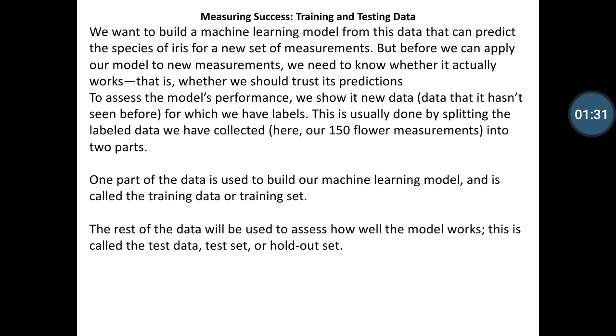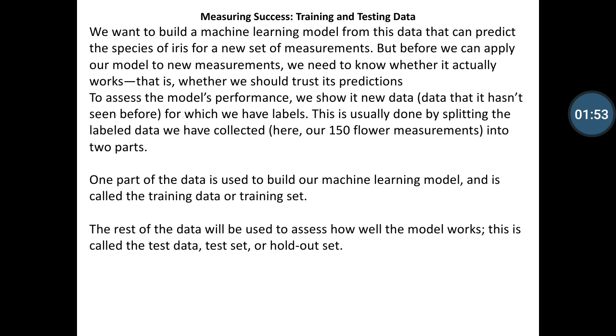This is usually done by splitting the labeled data we have collected, here 150 flower measurements, into two parts. The 150 flowers are the data set used in our program. Basically, the data is divided into two sets.